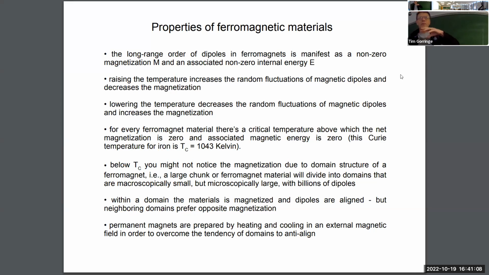Okay, so now I'm going to move on to properties of ferromagnetic materials from properties of paramagnetic materials. The long-range ordering of the atomic magnetic dipoles in a ferromagnetic material, so this situation where the tendency for the dipoles to align spreads out macroscopically.